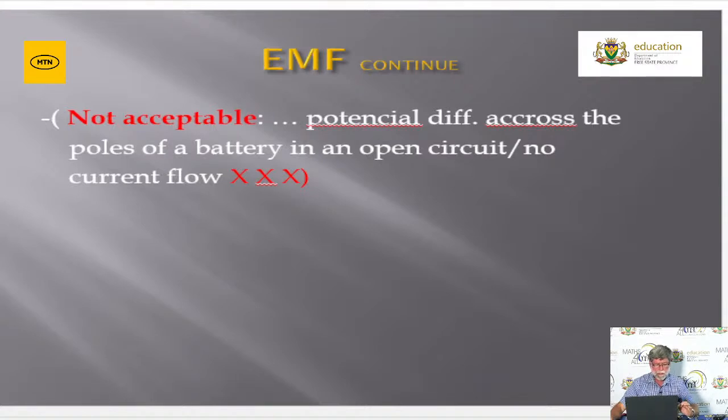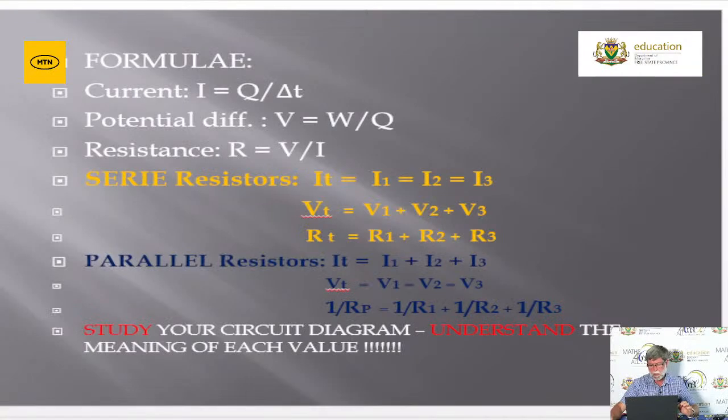Now, just quickly referring to the formulas, I'm going to go very quickly through it. The formula for current, I equals Q over delta t, is on the data sheet. The equation for potential difference, V equals W over Q. The resistance formula, R equals V over I. And then make sure that for series circuits you know these three basic principles: the current is the same, the resistances add, and the potential differences also add together to get the total.